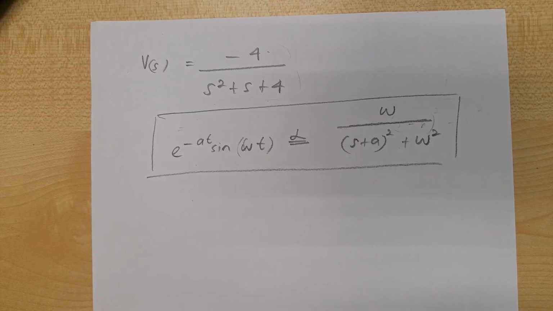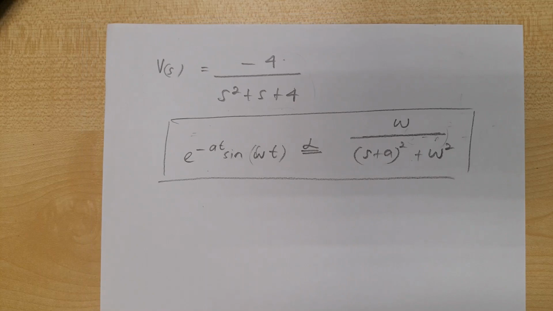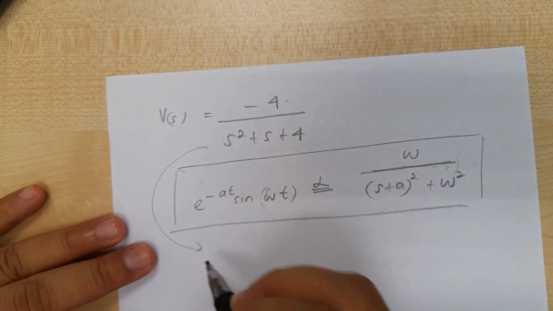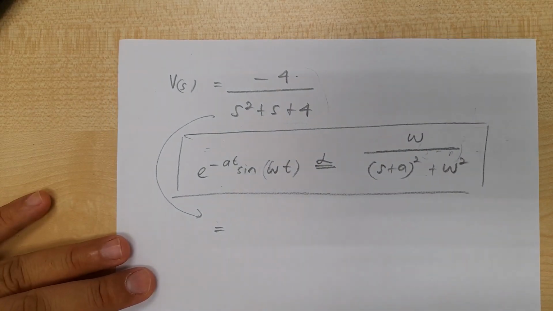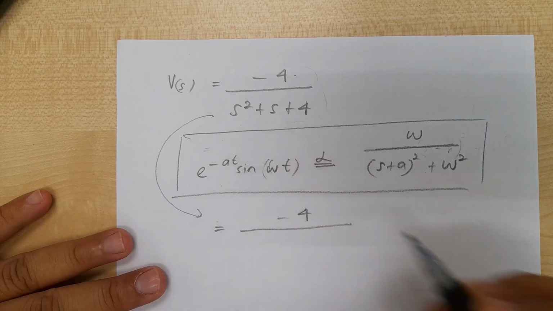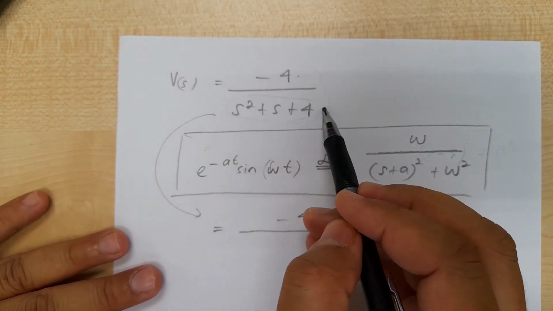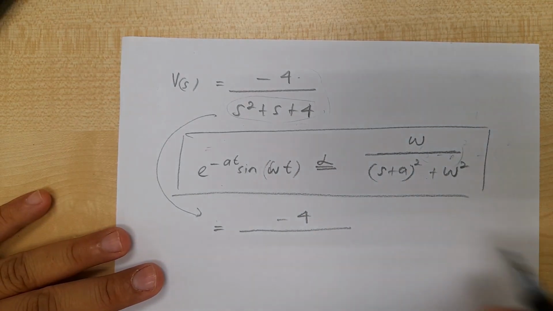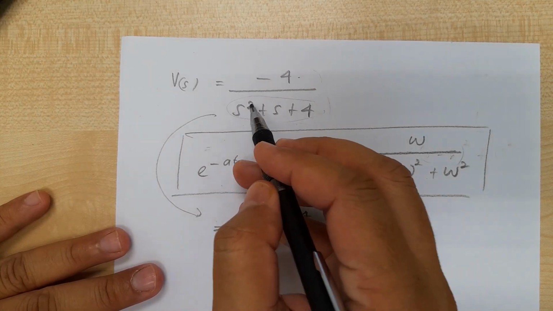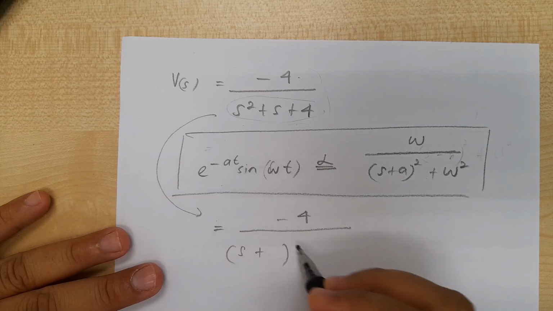Now let's look at how we can do that. So how can we arrange this into (s plus a) squared? We know that this is s squared plus something squared.